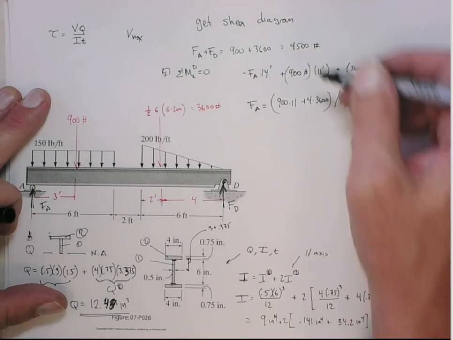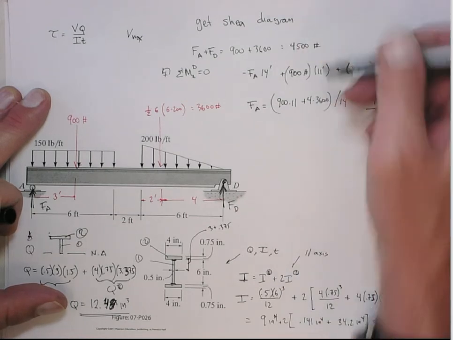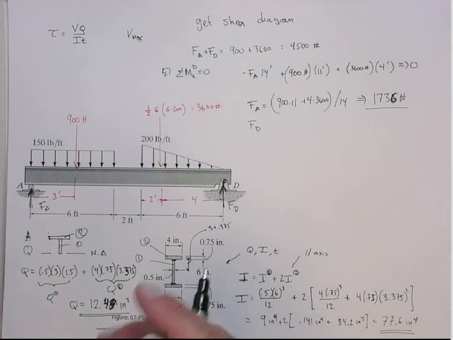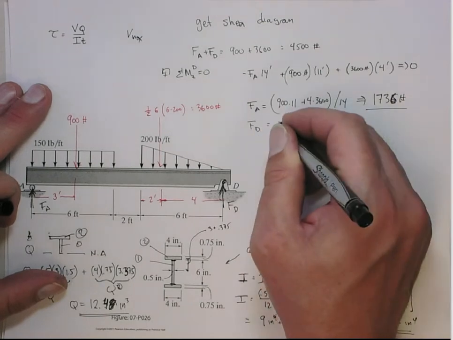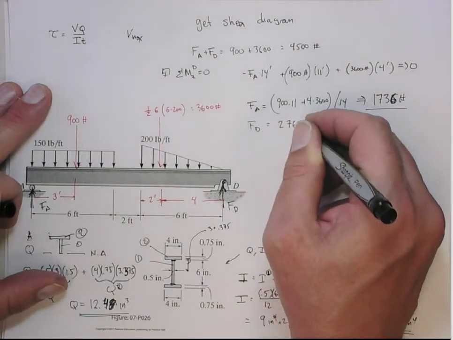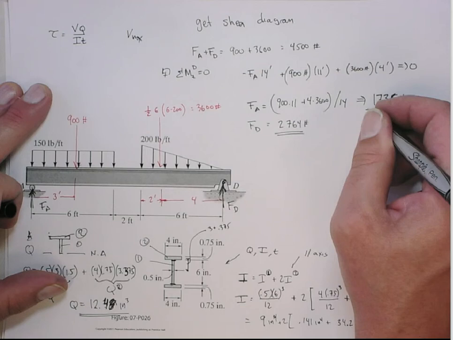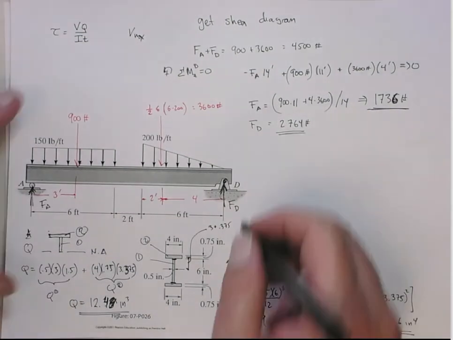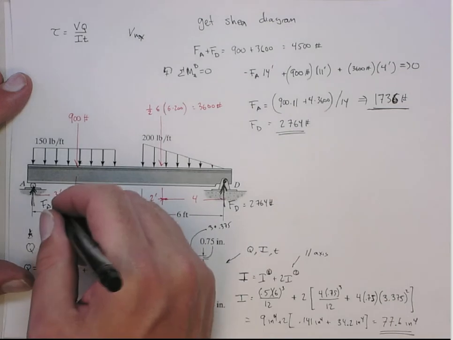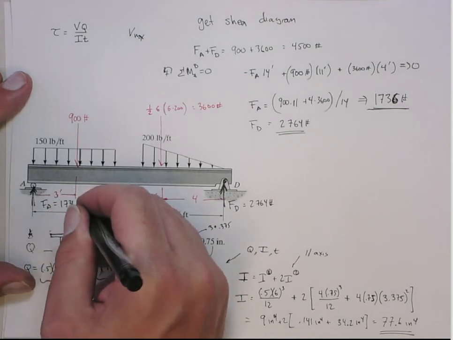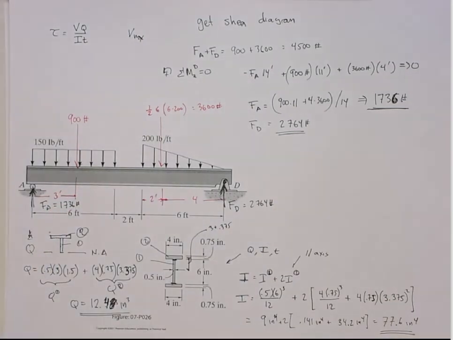And then, of course, I can subtract that from this, and that'll give me the force at D. So the force at D is 2,764 pounds. All right, so now we have the two reaction forces, right? This one here is 2,764 pounds, and this one here is 1,736 pounds. All right. Now we can compute the shear diagram, okay?